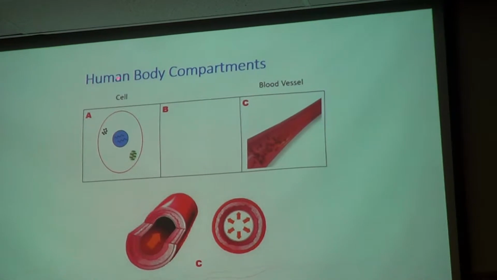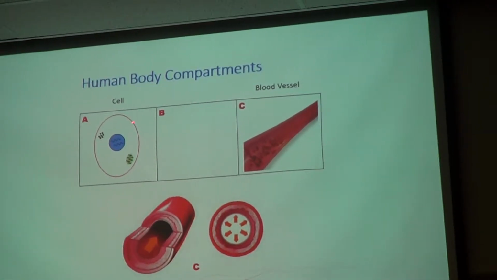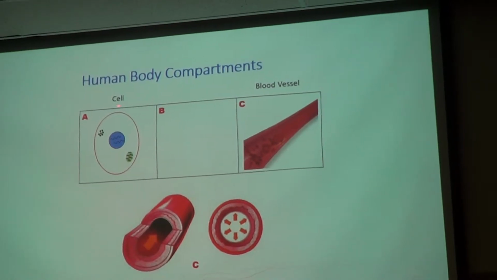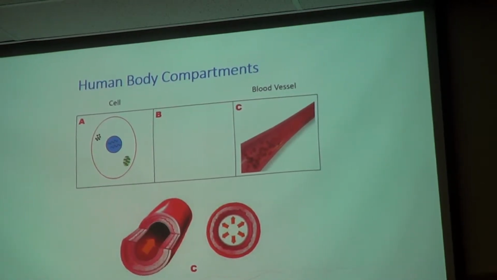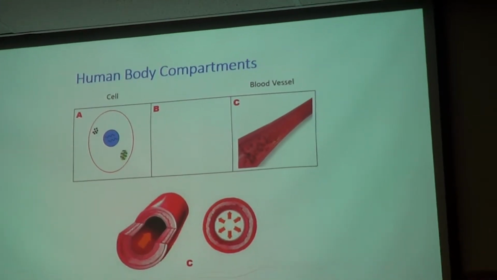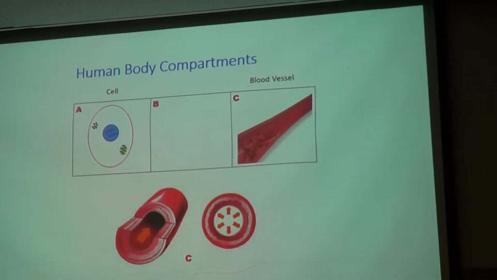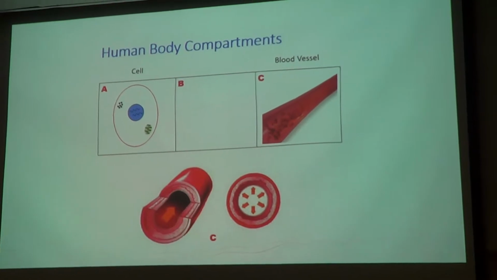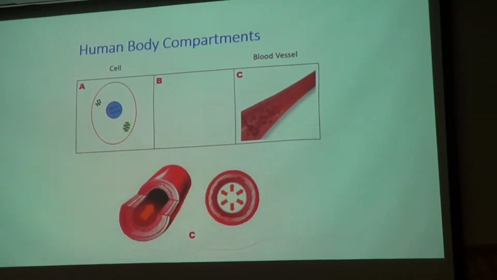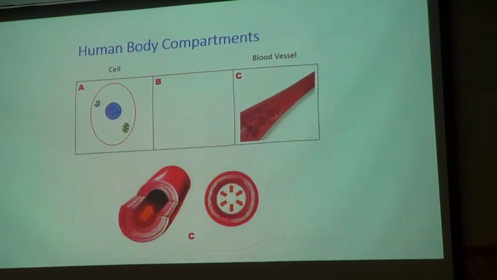Now on this side, I have written cell with that circle here. This is our lifeline. Everything works from the cell. Brain cell, heart cell, kidney cell, any cell. That's the compartment written there, cell.